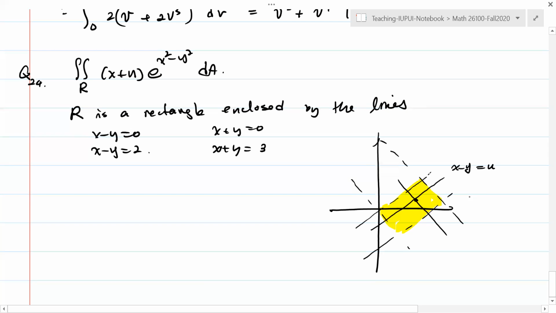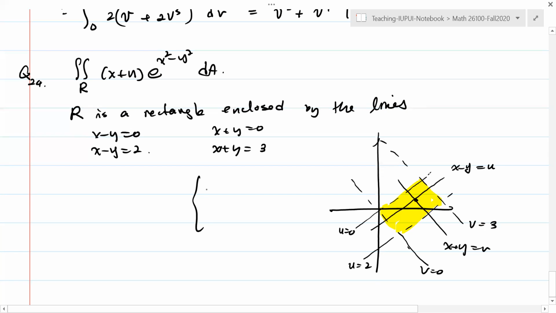And this line will be x plus y, we call it v. So this line is u equals 2, this line u equals 0, and this line v equals 3, this v equals 0.